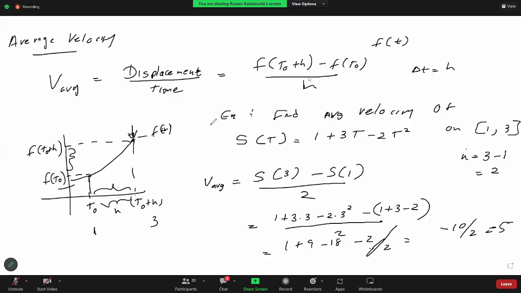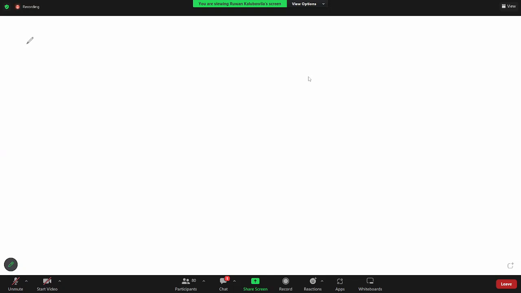Now you are going to something advanced. What is that? Someone said to find the instantaneous velocity.